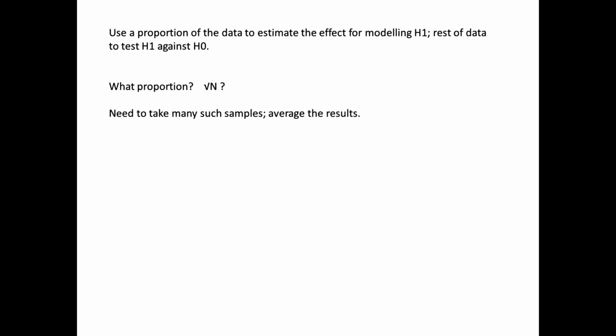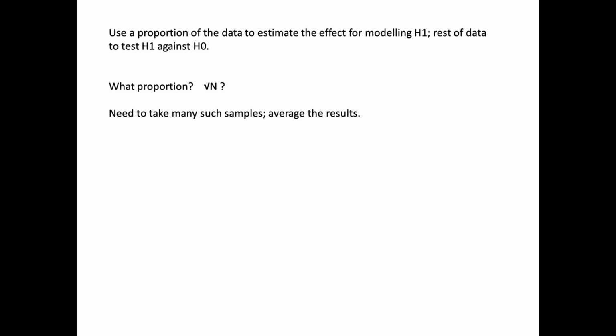So let's say you have a bunch of data and you say, well, I don't know what to expect. Why don't I take a bit of my data and use that to estimate the effect size and then put that in the Bayes factor? The first question that comes up is, what proportion of the data are you going to split off? Statisticians have looked at that and suggested square root n.